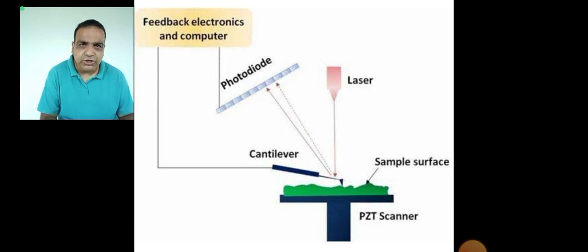In addition to the topographic imaging, this atomic force microscopy can be used to measure other properties, including surface roughness, friction, adhesion, and elasticity. The resulting images are displayed on the monitor or recorded digitally for further investigations.